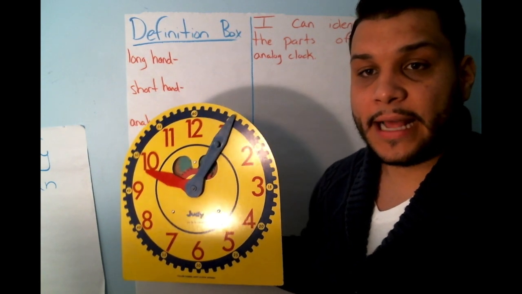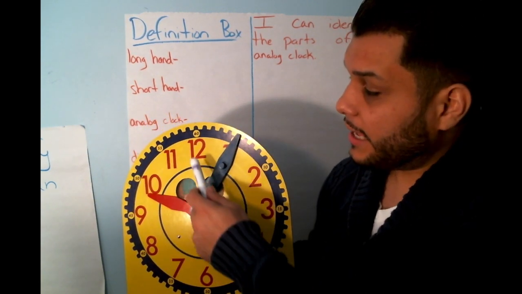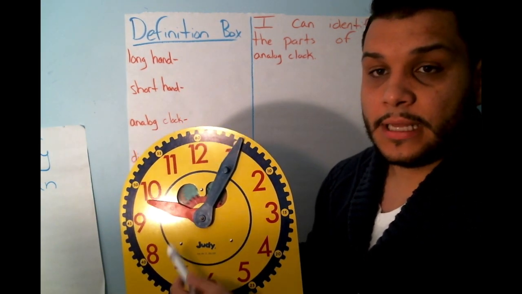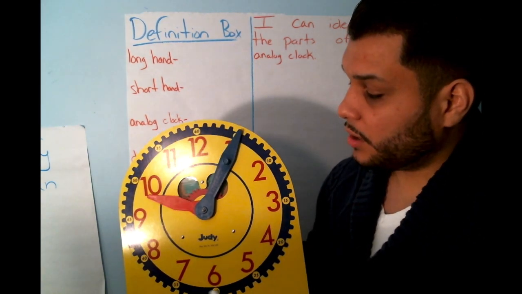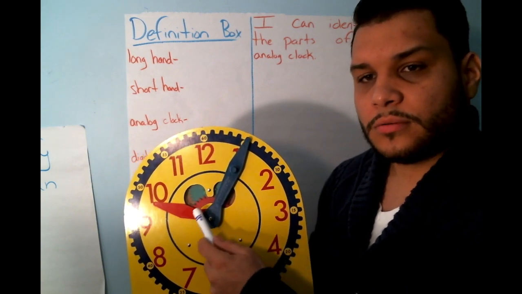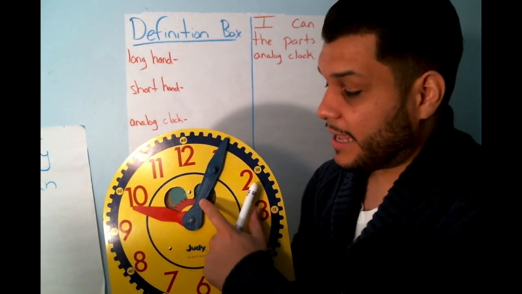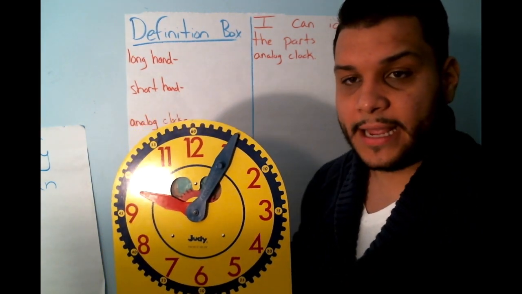This is what an analog clock looks like. When we look at it, it has numbers, it has lines that go all around, and it also has two, what do we call these? Yes, hands. It has 2 hands.